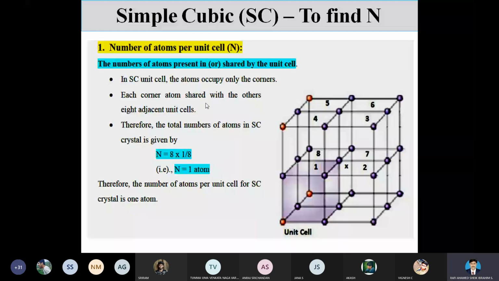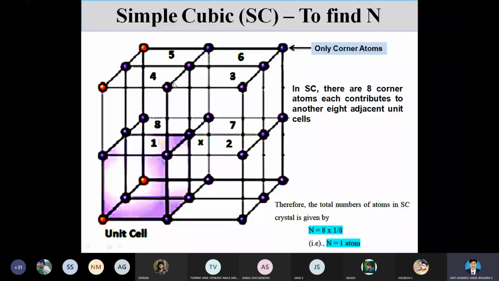We can see the structure here. This is the total structure, and from it I have considered a unit cell. The unit cell, shown in the shaded portion, is nothing but a single unit.